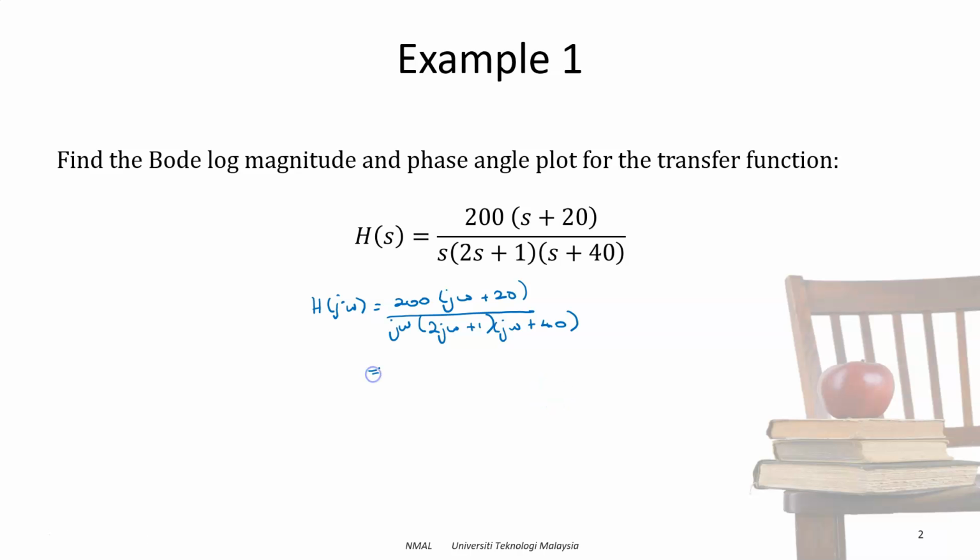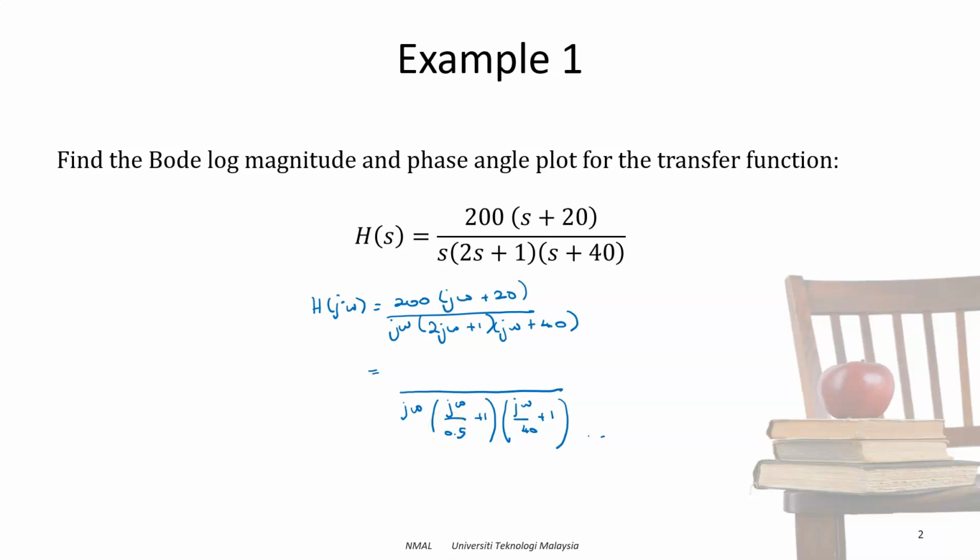Okay, so what we do here, at the denominator, j omega is still j omega. This 2 j omega, if you want to make it only j omega, we divide by 0.5, plus 1, and this one is j omega divided by 40 plus 1. Okay, so this 1 divided by 0.5 is actually 2, right?